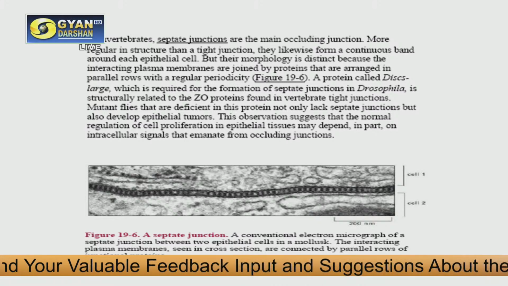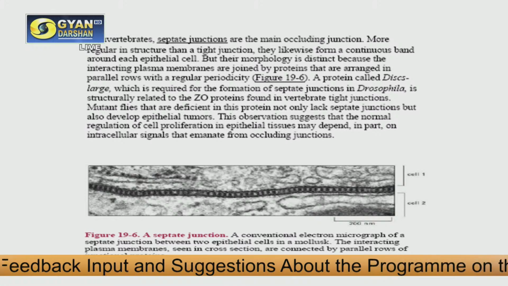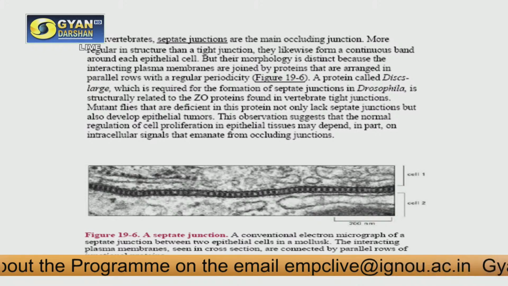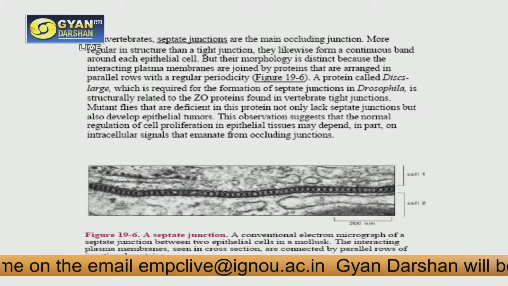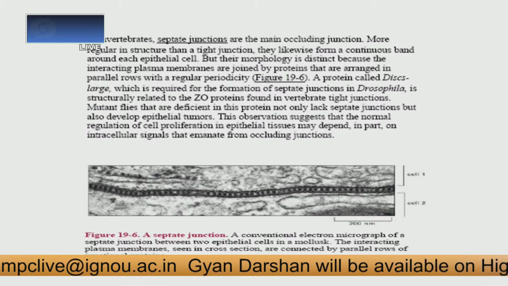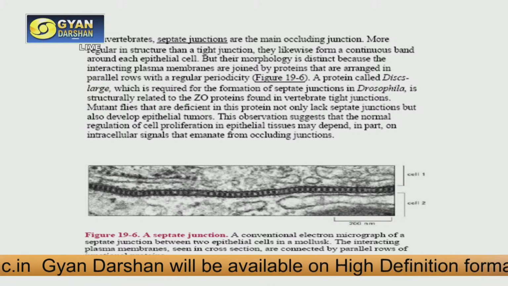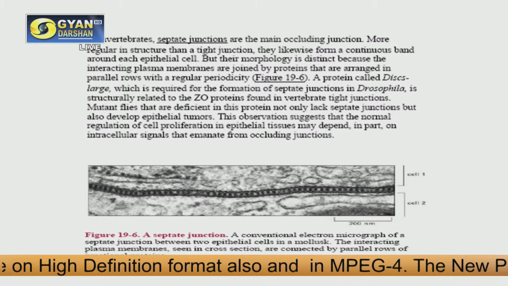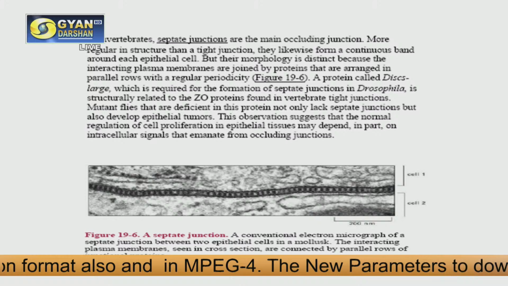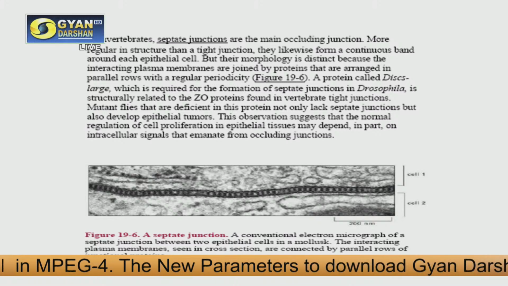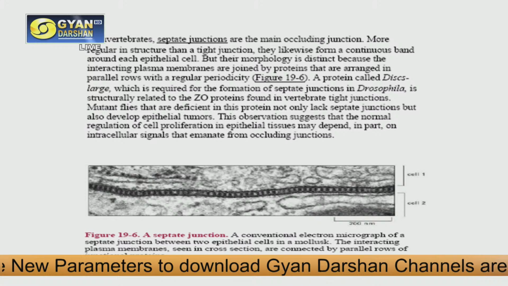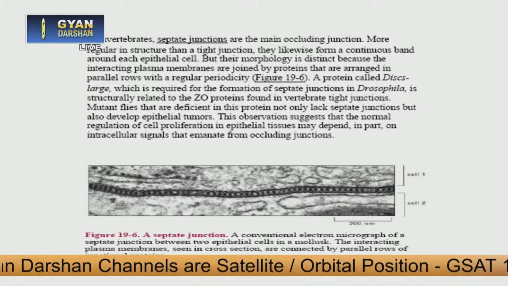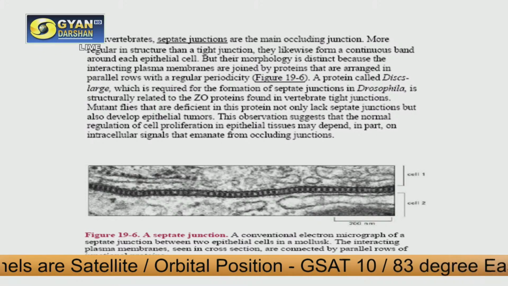The organization of the septate junction is a little different in invertebrates. The morphology is very distinct, because, as you can see in the figure, it is a continuous band-like, ribbon-like structure, and the proteins are arranged in parallel rows with a regular periodicity. So the morphology is not like what you find in vertebrates.